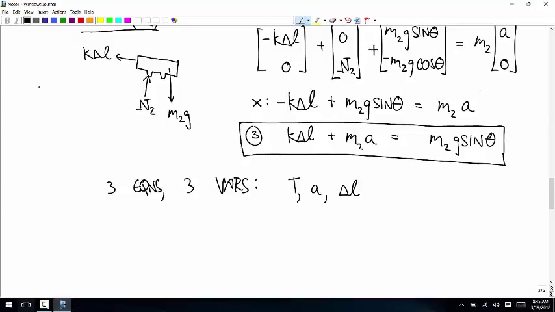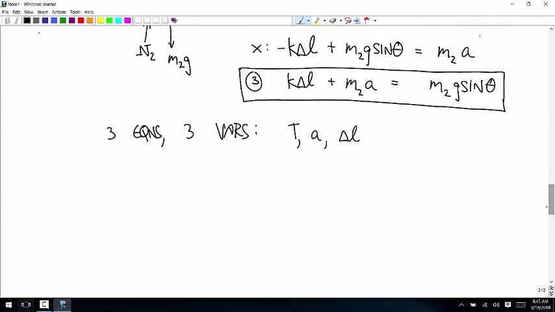So now we're going on to the next topic. Momentum, linear momentum.